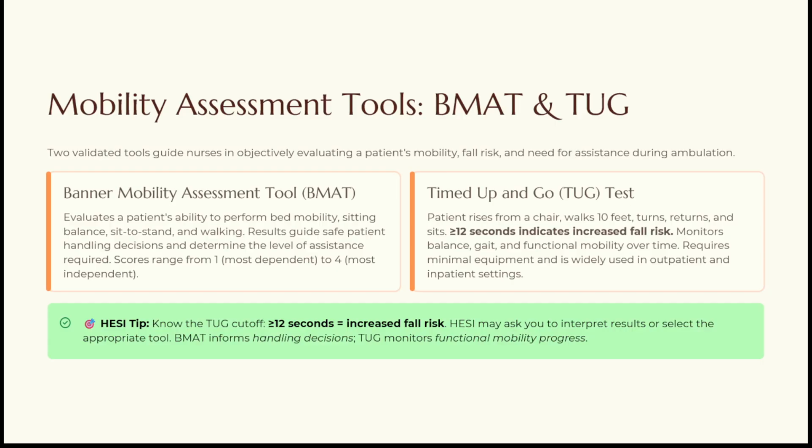I'm going to say that again because I know I tripped over my words. A score of 12 seconds or greater indicates increased fall risk. So for your HESI questions, remember that BMAT guides safe patient handling and TUG evaluates mobility and fall risk progression.